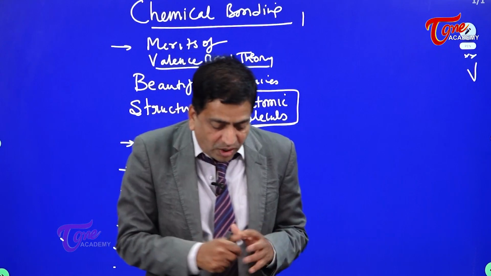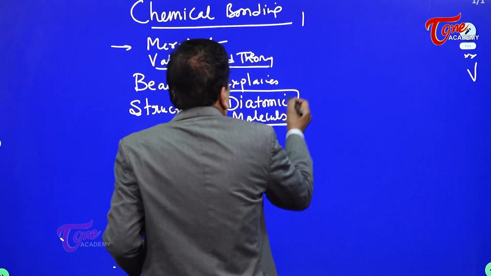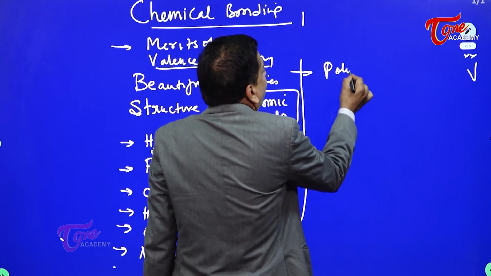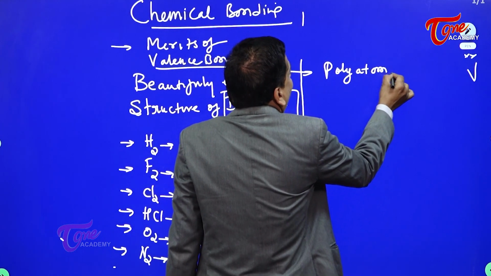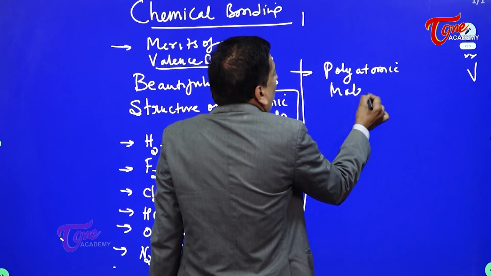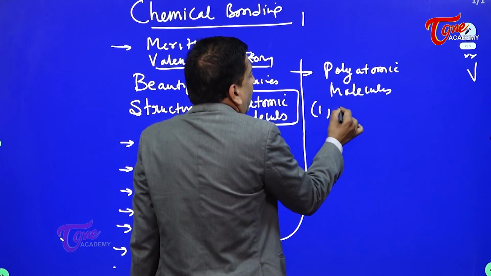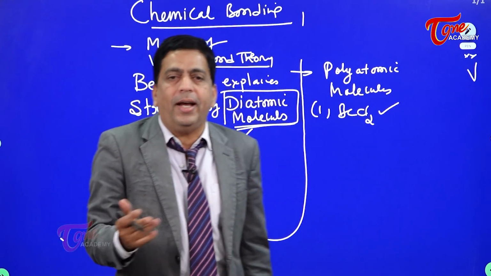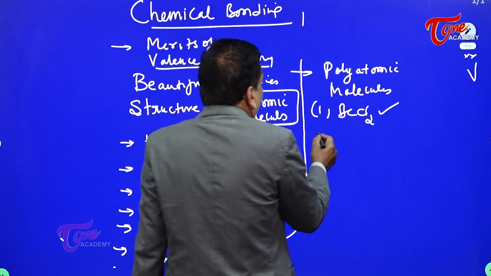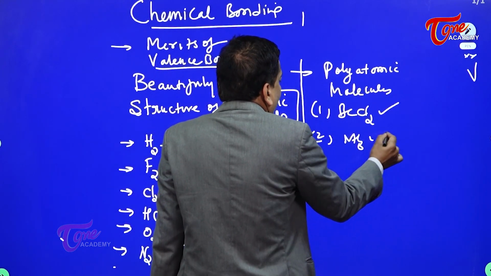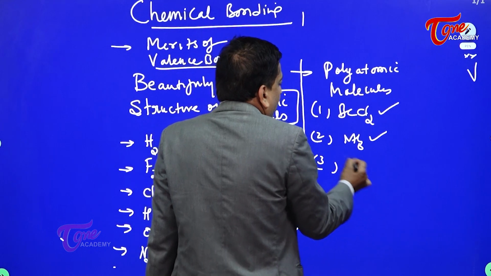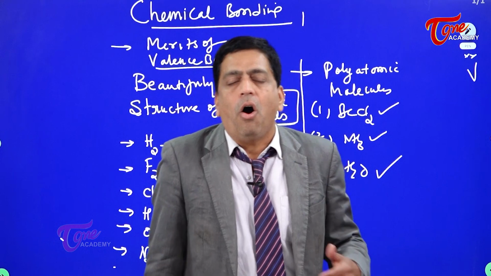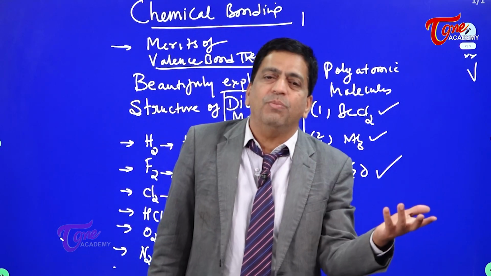Now consider polyatomic molecules like beryllium chloride, which has 3 atoms, ammonia, water, all of these involving 3 atoms.